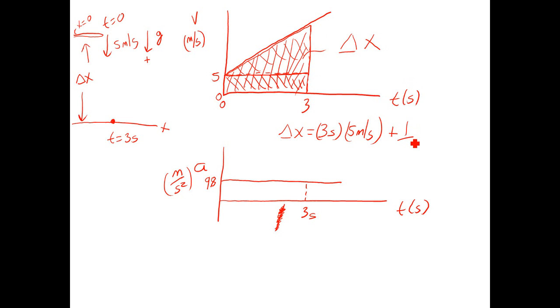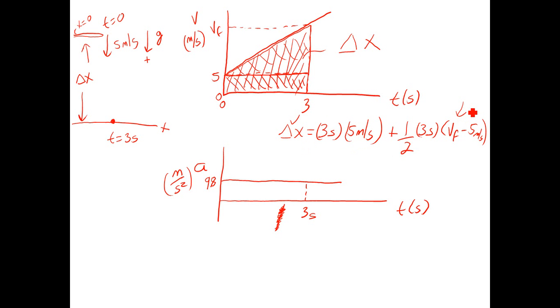It's going to be 1/2 base 3 seconds times the height. And here's something interesting. The height is some velocity that we don't actually know right now. I'll call it v final. So it's going to be v final minus 5 meters per second. Now, unfortunately, we can't solve for delta x because we don't know this.